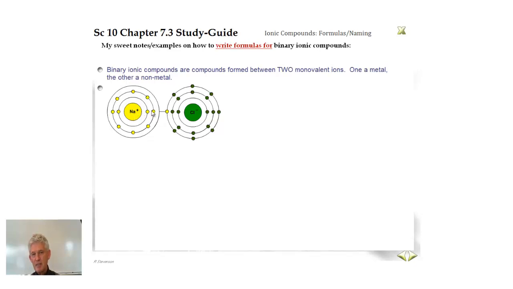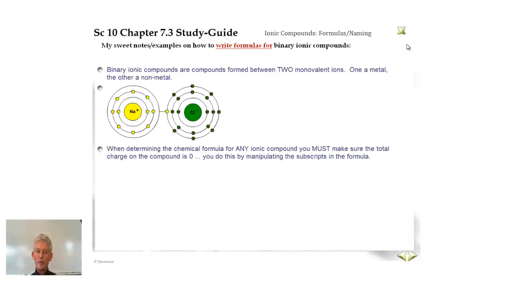When it gives up something negative, an electron, it becomes Na+1. That electron can then go to chlorine, which has 7 valence electrons. Add one more electron, voila, 8 electrons, a full outer shell, a complete octet, and you have an ionic compound, sodium chloride, a salt.